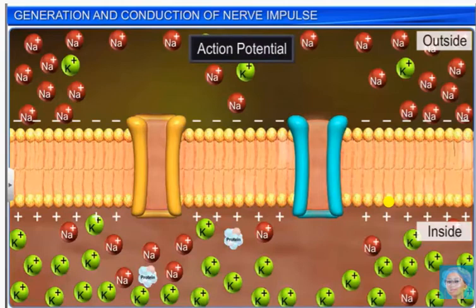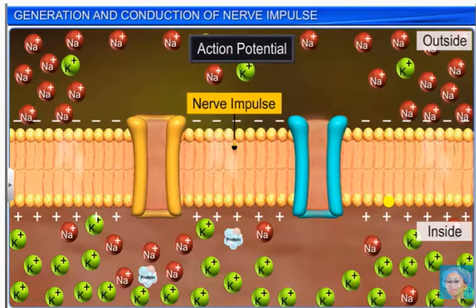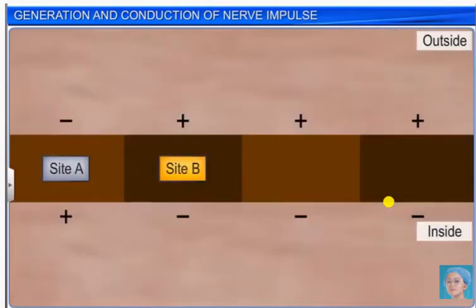This action potential travels as a wave of depolarization along the length of the nerve fiber in a particular direction and is called the nerve impulse. At site B, the axon membrane has a positive charge on the outer surface and negative charge on the inner surface.